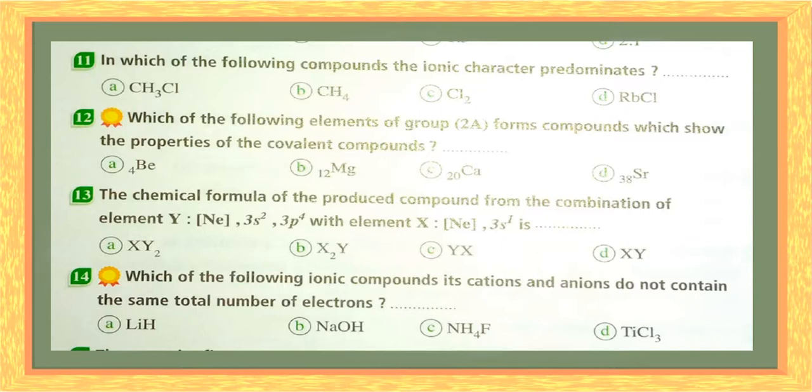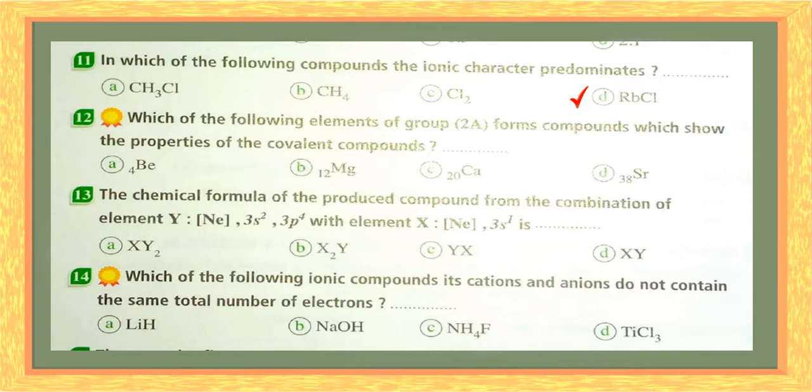We have methane and chlorine compounds, polar covalent compounds, but the ionic character belongs to rubidium chloride. Rubidium chloride is the right answer. It is an ionic compound that consists of positive and negative ions that give the ionic character.